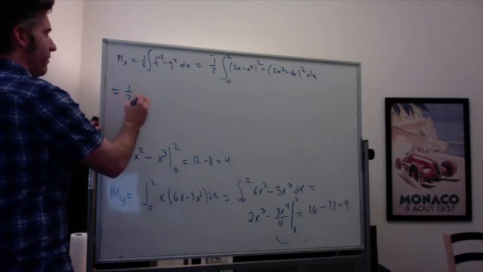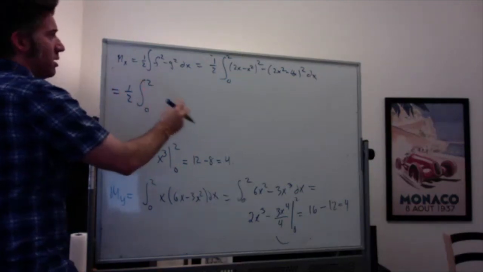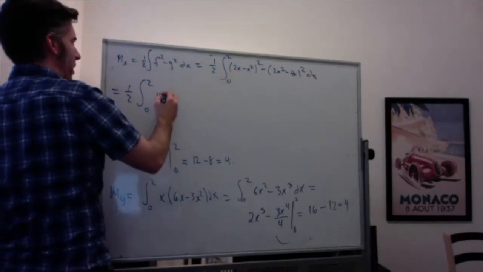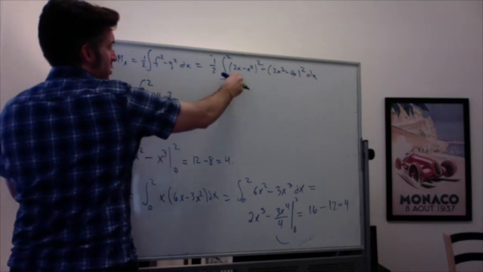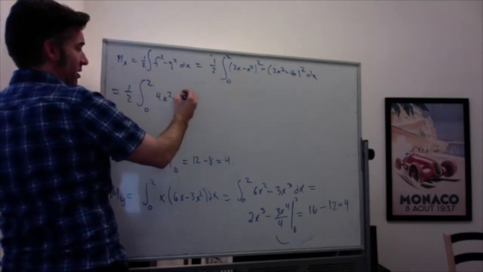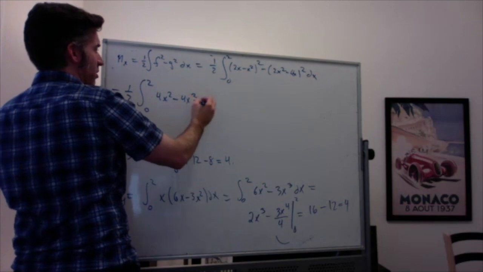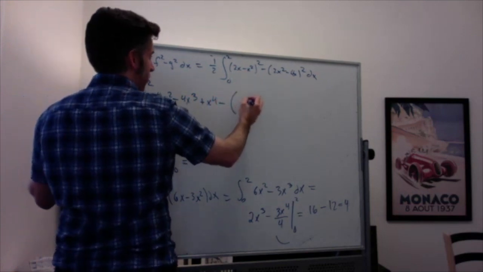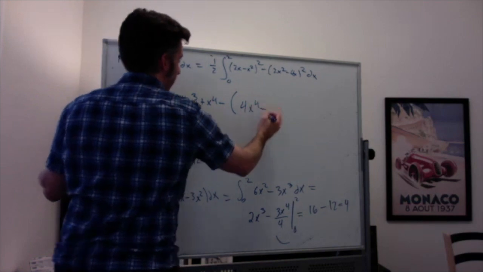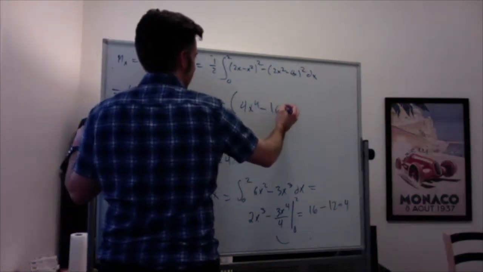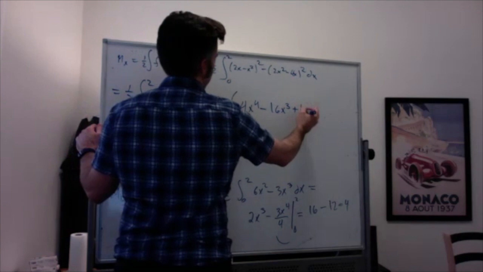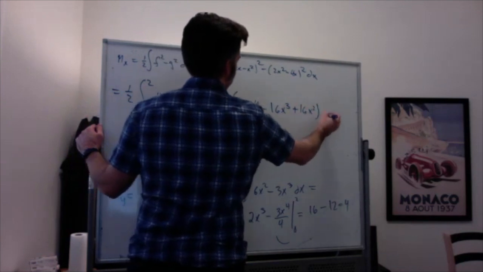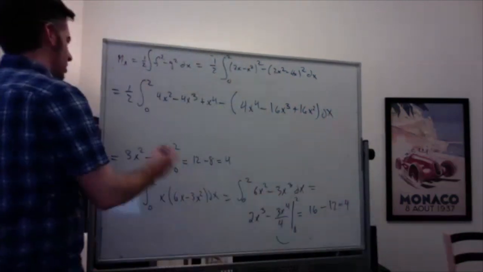We get 1/2 times the integral from 0 to 2. This squared, which is 4x squared minus 2x times x squared is negative 2x cubed, so negative 4x cubed plus x to the 4th, minus all of 4x to the 4th minus 16x cubed. Good Lord, plus 16x squared. Put it all together.